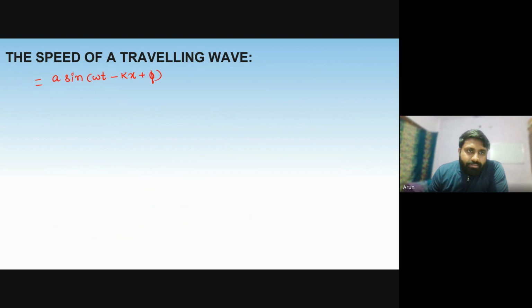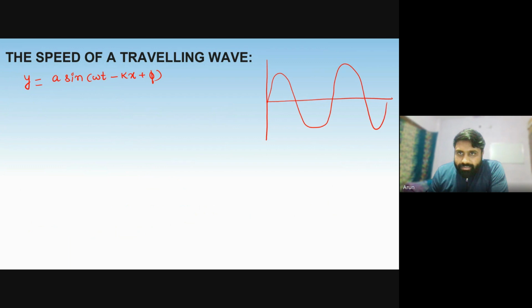This is the displacement equation of the wave. Now let me consider that this wave is traveling in this way. This is x and this is y.